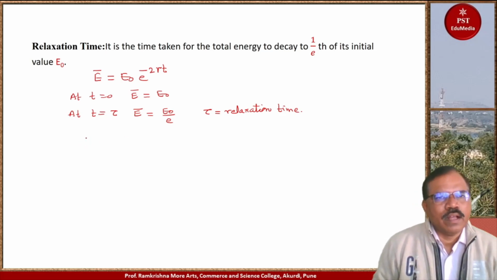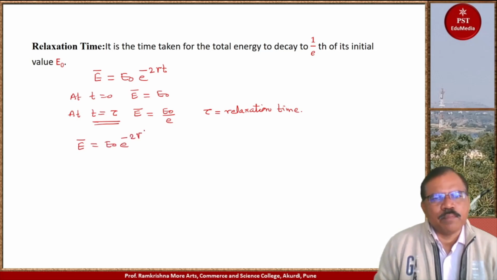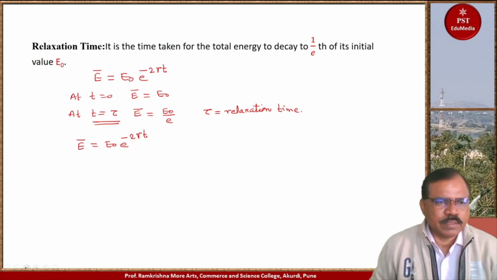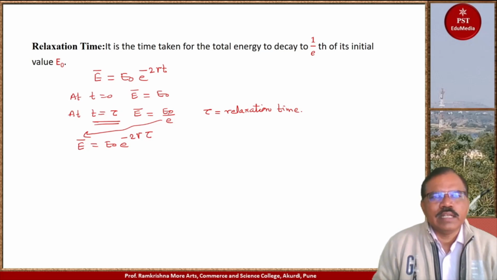So here we will take t equal to tau. E bar is equal to E0 e raised to minus 2 gamma t. In place of t, I will take tau. But what is E bar here at t equal to tau? That is E0 upon E. So I can write E0 upon E is equal to E0 e raised to minus 2 gamma multiplied by tau.